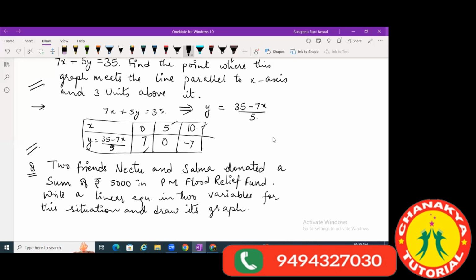Two friends, Neetu and Salma, donated a sum of rupees 5,000 in Prime Minister Relief Fund. Find the linear equation in two variables for this situation and draw its graph.